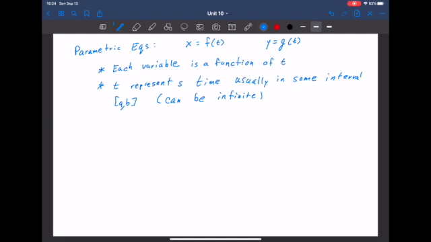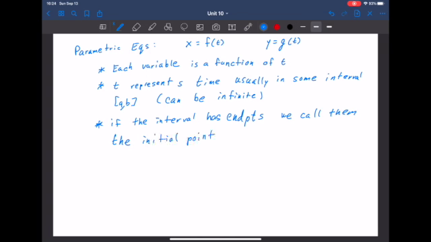But usually it'll be in a closed interval a to b. And if the interval has endpoints, we will call them the initial point and the terminal point.